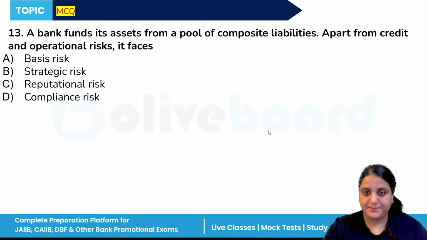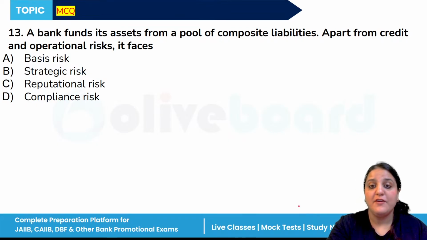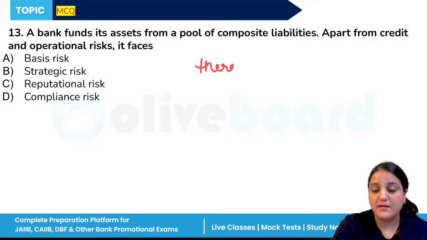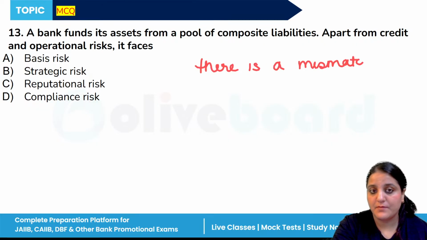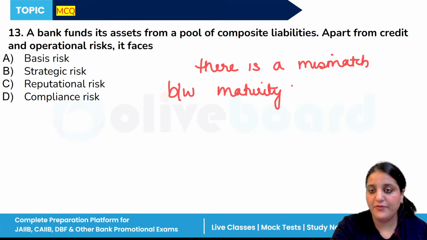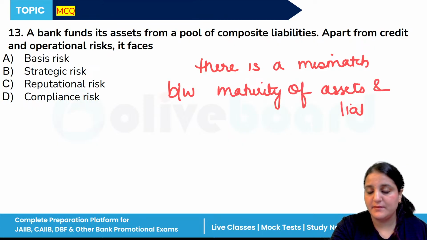See, basis risk occurs when there is a mismatch between the maturity of assets and liabilities.